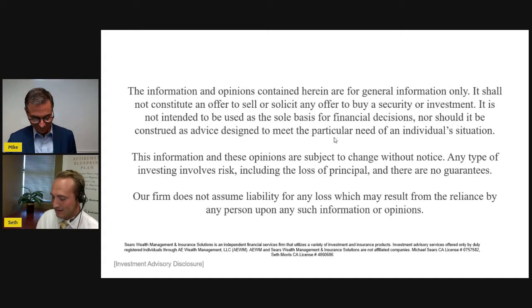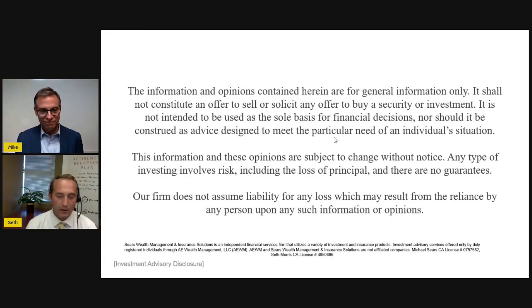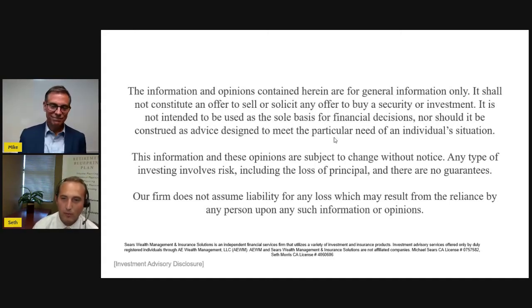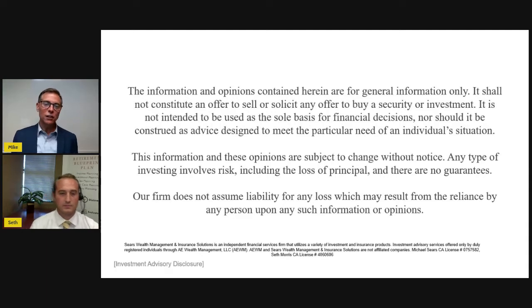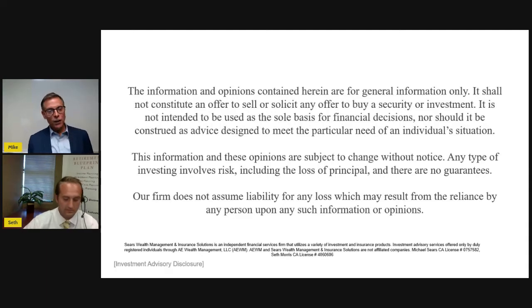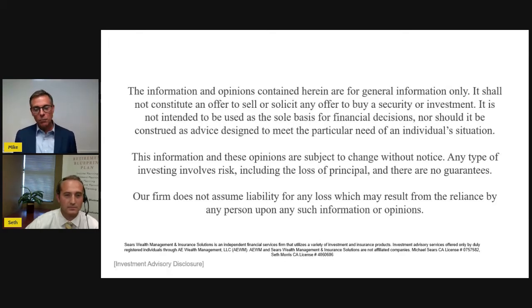Yep. So, Mike, today we're talking about market corrections. We're going to be talking a little bit about bear markets, but a good place to start would be the specifics. What is a correction, Mike? Well, most people feel that if the market goes down a few percentage points in a day, it's a correction, but technically it's not.